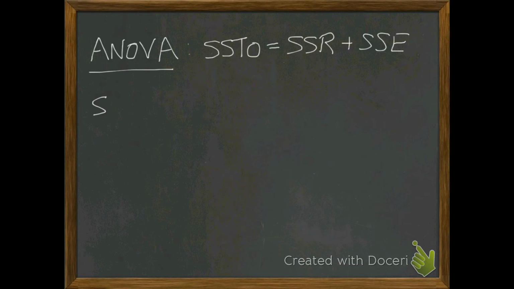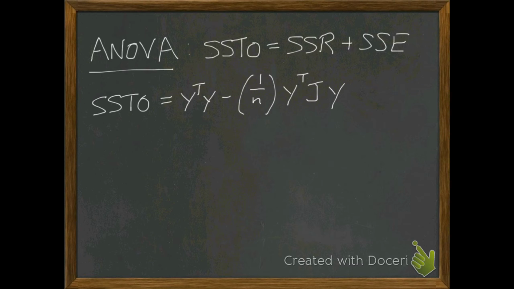So, guys, the sum of squares for the total can be found by taking y transpose y, an easy matrix to find, minus 1 over n, y transpose J y. And guys, remember, your J matrix is just an n by n matrix with all ones.